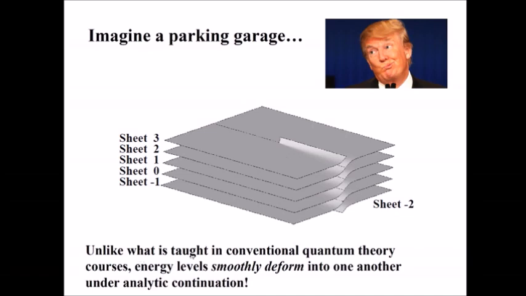So unlike what is taught in conventional quantum theory courses, energy levels smoothly deform into one another under analytic continuation. You don't have a quantum leap. The energy is smooth, just like a classical system. And in fact, a quantum mechanical system behaves a lot like a classical system in the complex plane.